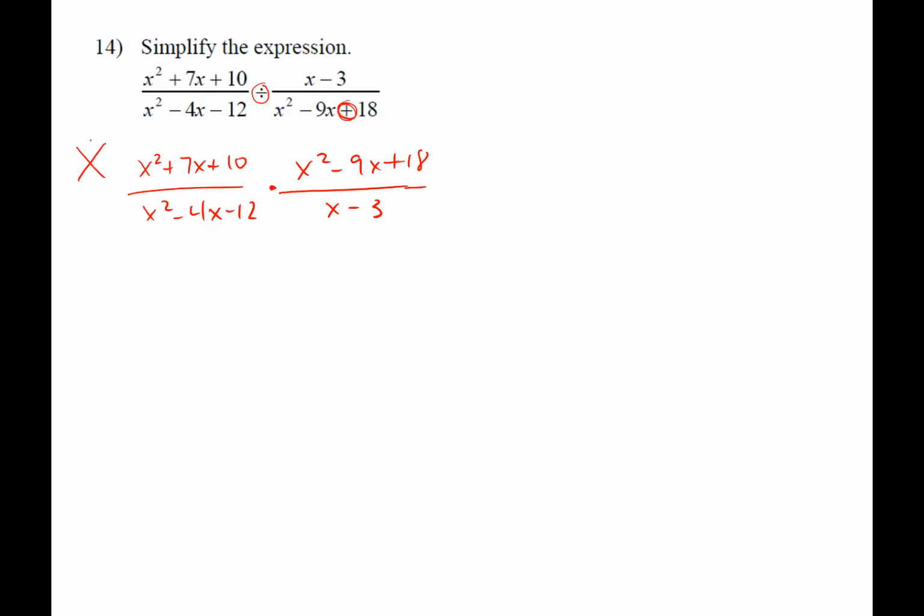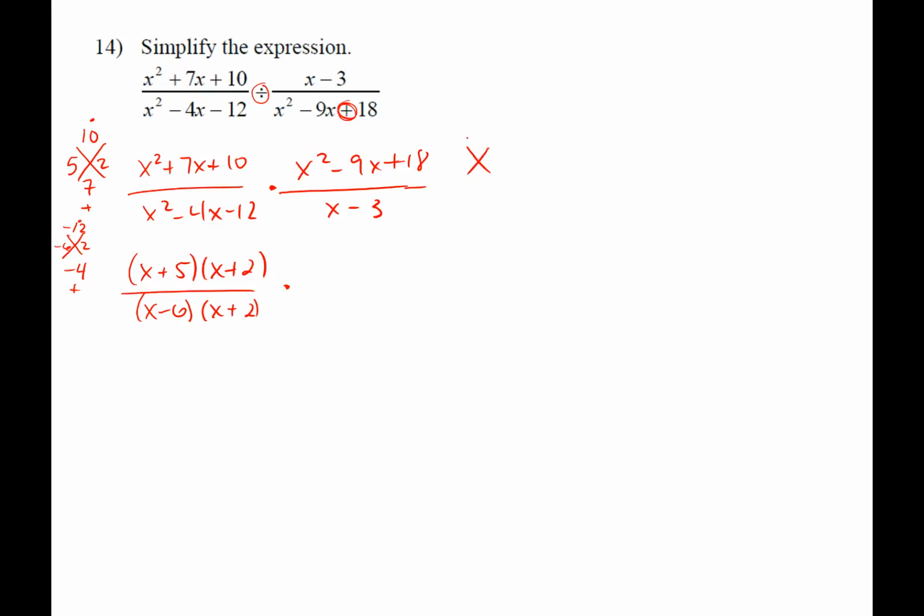The numerator on the first fraction, multiply to make 10, add to make 7. The numbers that do that are 5 and 2. So x plus 5 and x plus 2. Then the denominator factor, multiply to make negative 12 and add to make negative 4. The numbers that do that are negative 6 and 2. So x minus 6 and x plus 2.